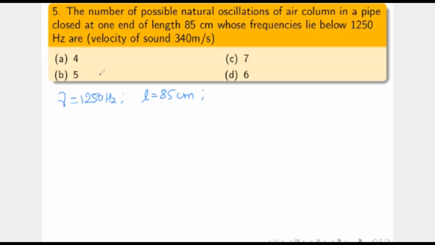So what can be done? We know the formula for frequency. It is a closed pipe, so only odd harmonics are present.